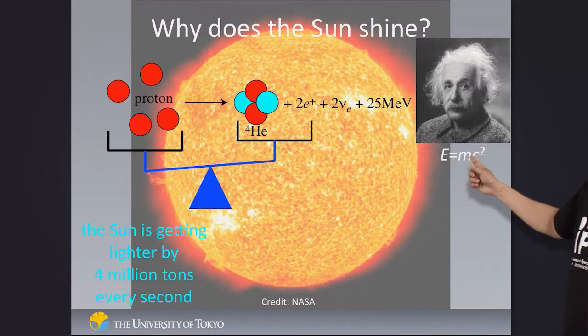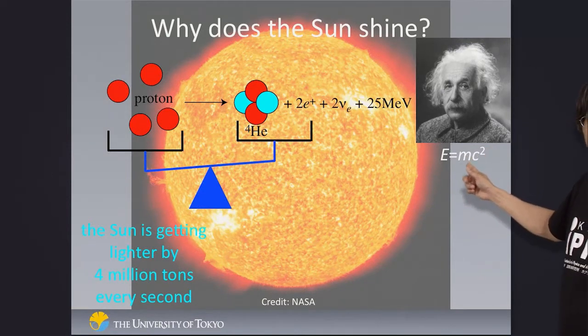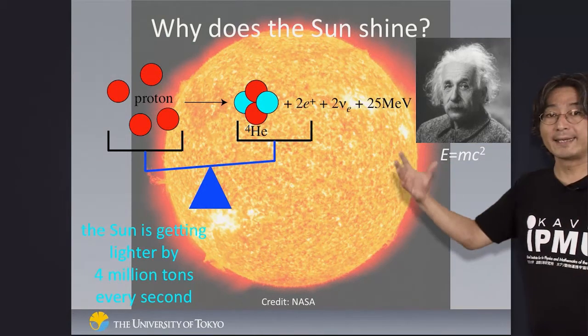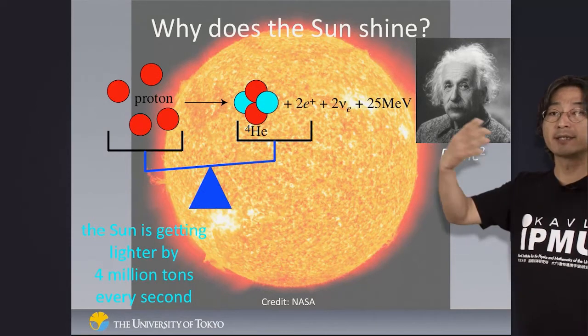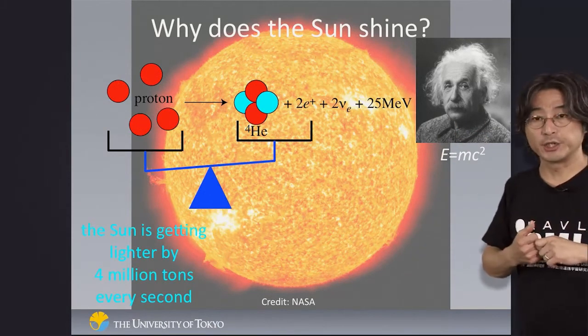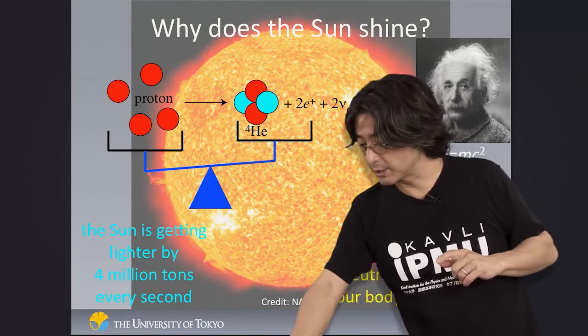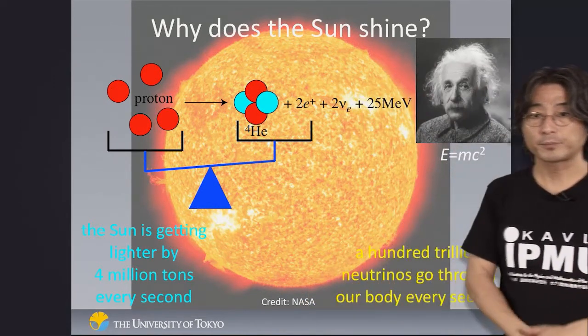E is energy, m is mass, c is the speed of light, just a big number for the purpose of this discussion. What it's basically saying is that mass and energy are the same thing. So by getting lighter, the sun can release the mass as energy, and that's how the sun is shining.